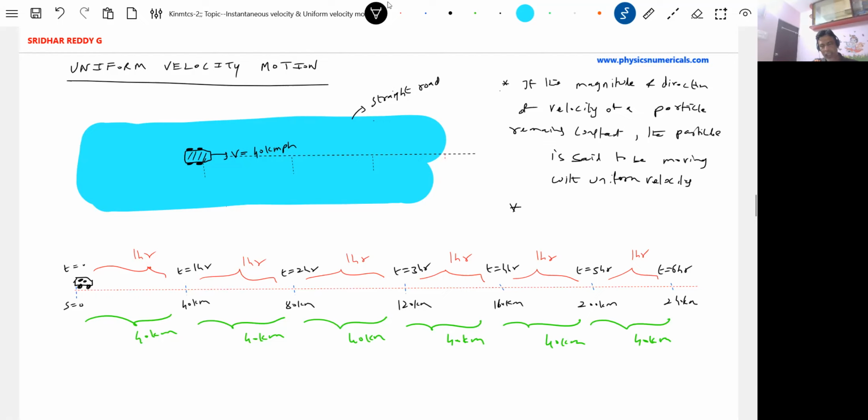Next, the particle will have equal displacements in equal intervals of time. This is very, very important. This is a very basic feature.